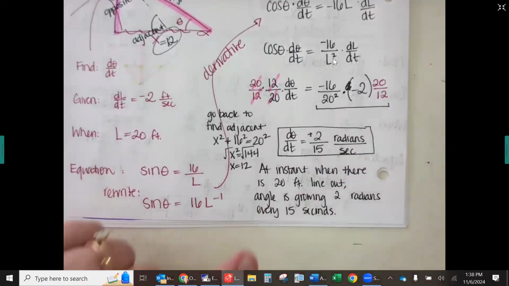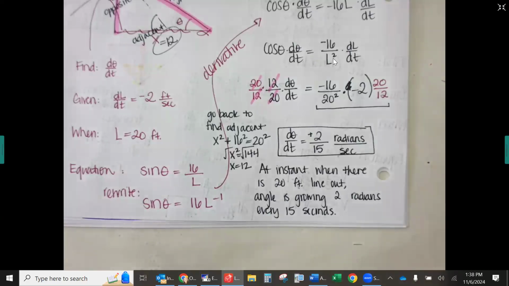Okay, and then just kind of see if that makes sense. Or you could put 2/15 radians per second if you like that. But it's 2 radians every 15 seconds. We know it's growing because it was a positive value. Make sense? Okay.